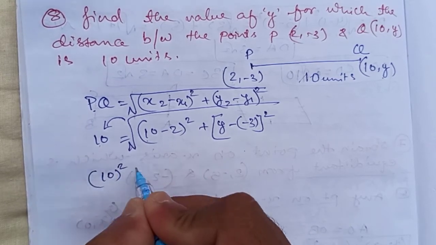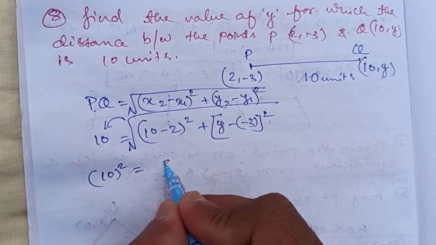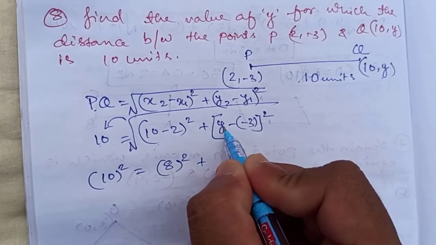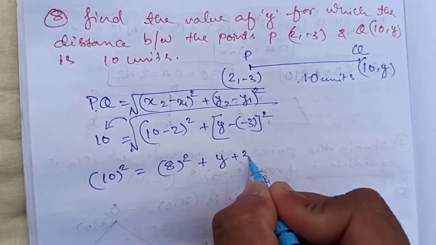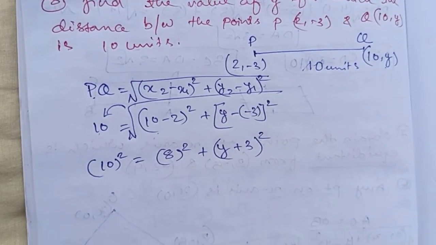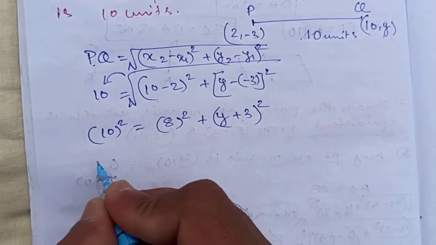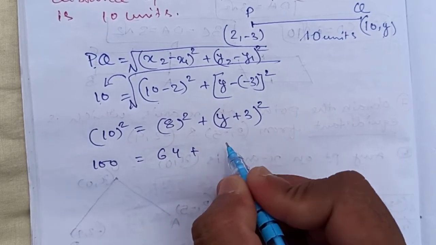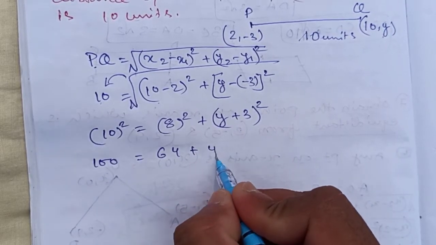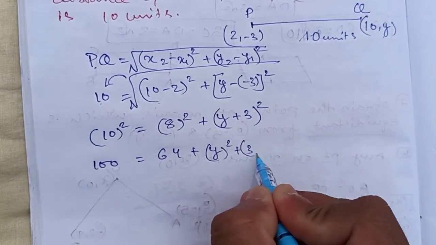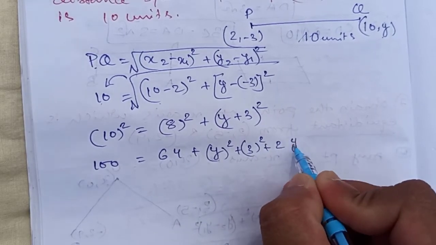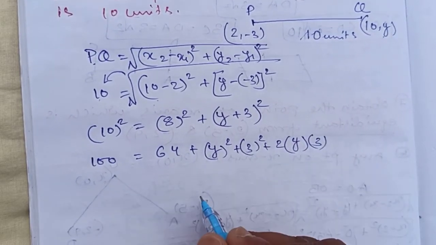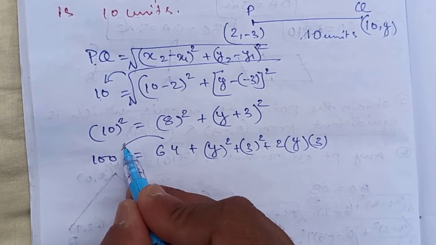So 10 square equals 10 minus 2 is 8 square plus (y plus 3) square. Now 10 square is 100 equals 64 plus a square plus b square plus 2ab. Now bring 64 to this side.